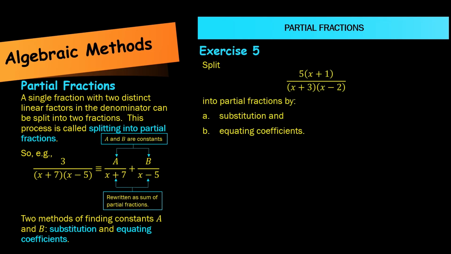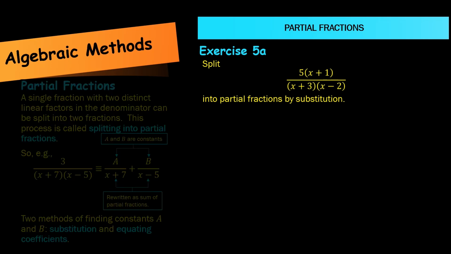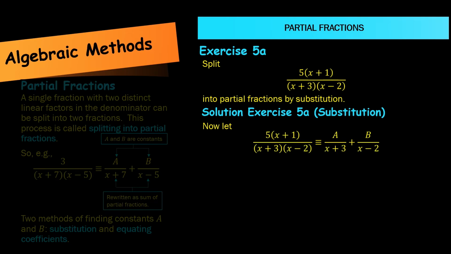Now let's take a look at our exercise. We are required to split the fractions shown on the right-hand side of your screen into partial fractions by substitution and equating coefficients. So let's solve this. We let the expression be identical to a over x plus 3 plus b over x minus 2.